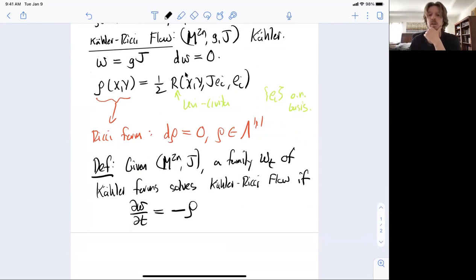So we flow the Kähler form by the negative of the Ricci form.